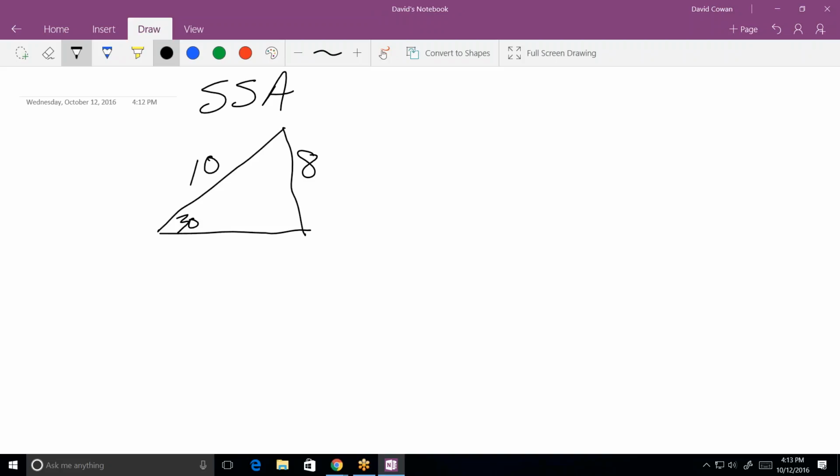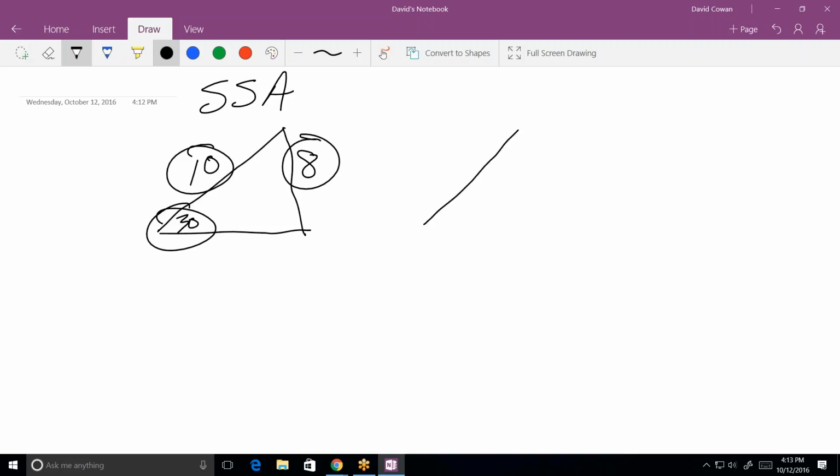See why? It doesn't really matter which way you go. You can go counterclockwise or clockwise. In other words, I could also call this angle, side, side. But side, side, angle doesn't prove congruency, and I'll show you why.